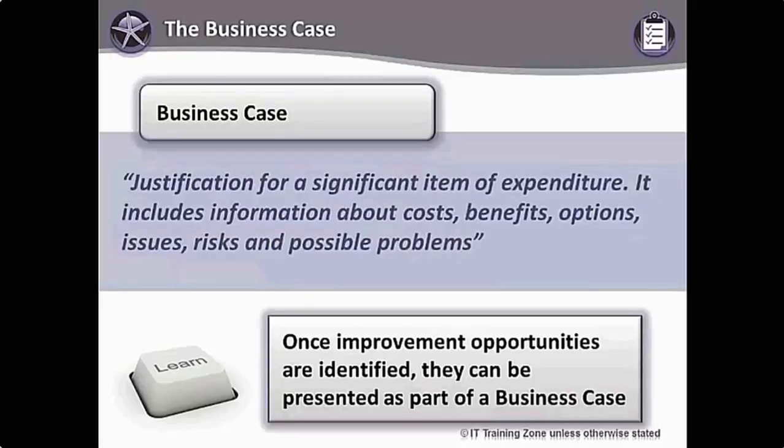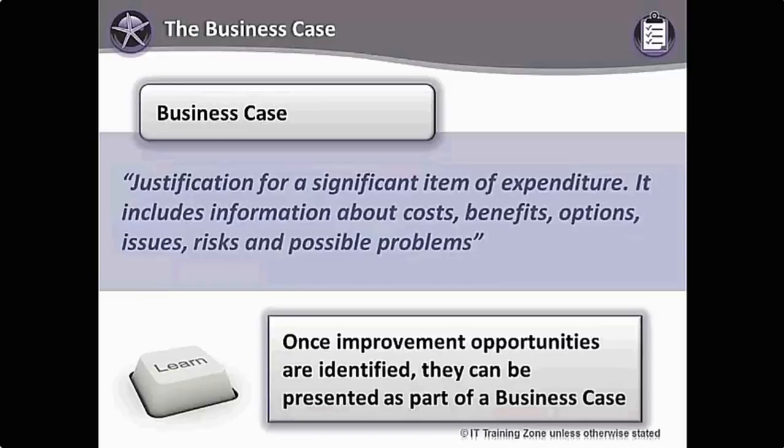Once improvement opportunities have been identified, we may need to present them as part of a business case. So, we're going to study how to develop an effective business case. Remember, a business case is justification for a significant item of expenditure.